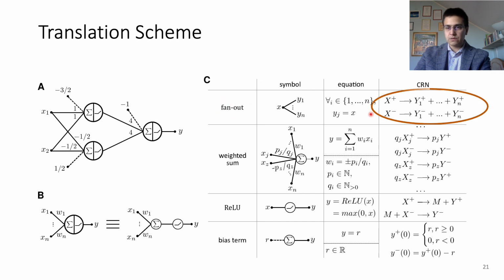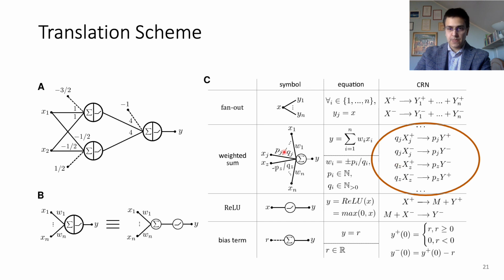For fan out we have this CRN, and for a weighted sum we have this CRN. Let's focus on this part, the contributor to the weighted sum. Input xj is multiplied by pj divided by qj, that's a weight, and that's contributed to y. This is implemented with two reactions. Note that we use the dual-rail convention, so we have plus and minus pieces for each number.